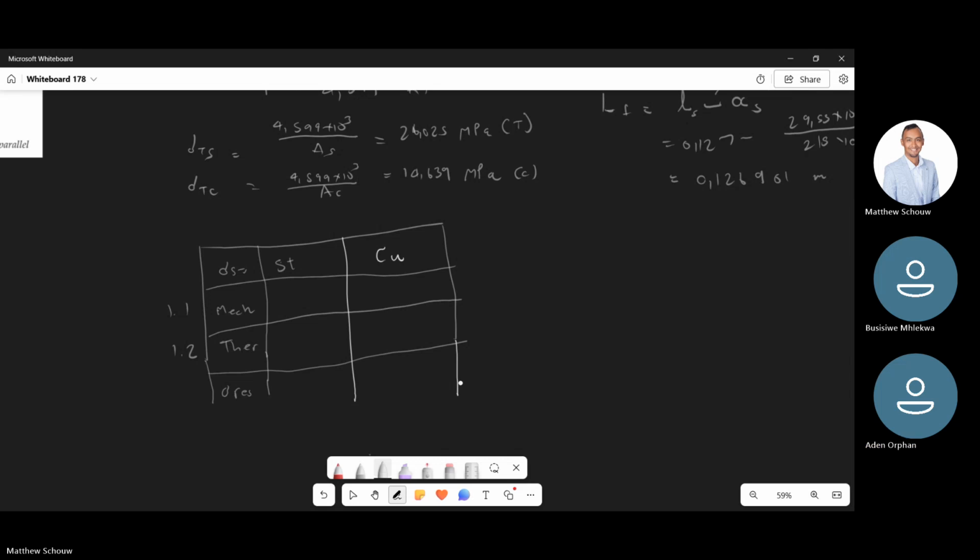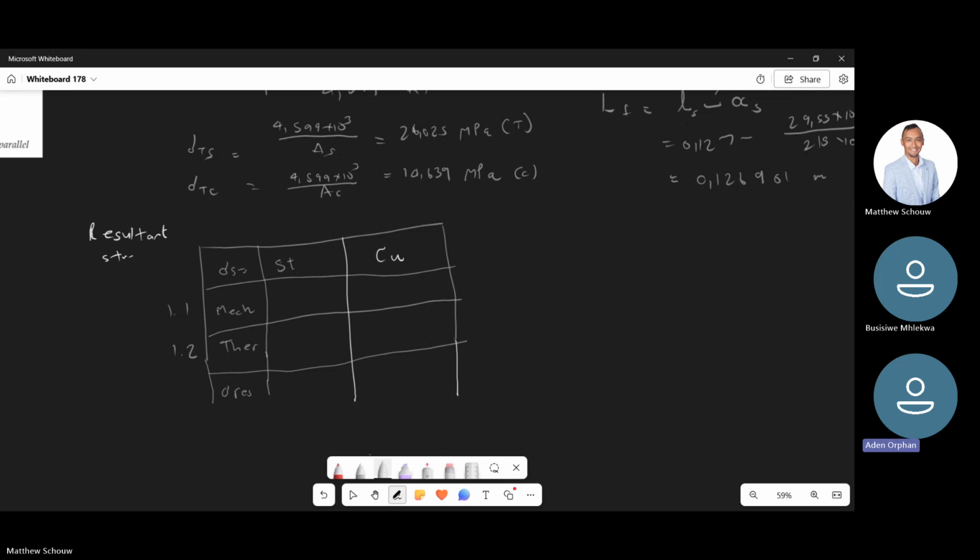Okay, cool. So Ada, can you read your values for 1.1 for steel and tell me the sense as well? Steel and copper. Can you read me the stress values for the steel in 1.1, which you got yesterday?